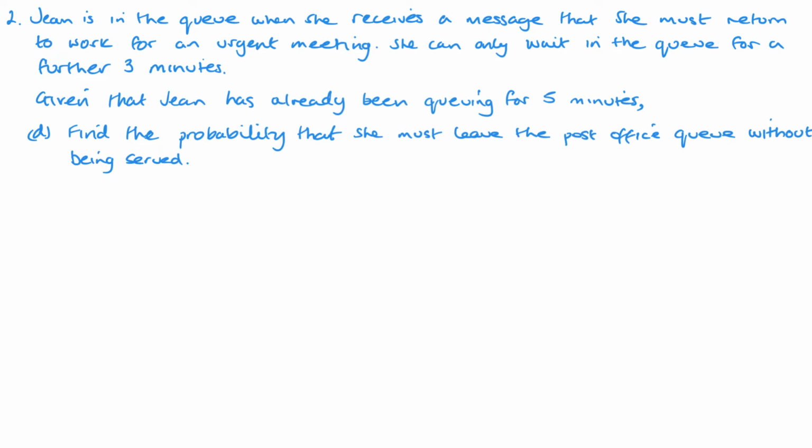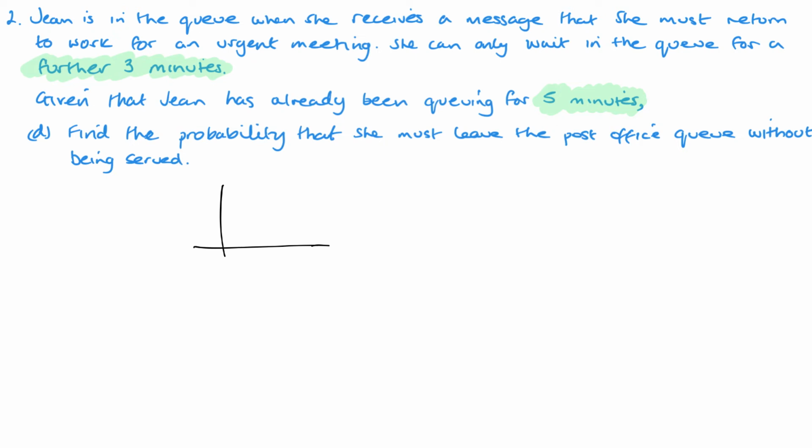She can only wait in the queue for a further 3 minutes. Given that she's already been queuing for 5 minutes, find the probability that she must leave the post office queue without being served. So let's think of our diagram.